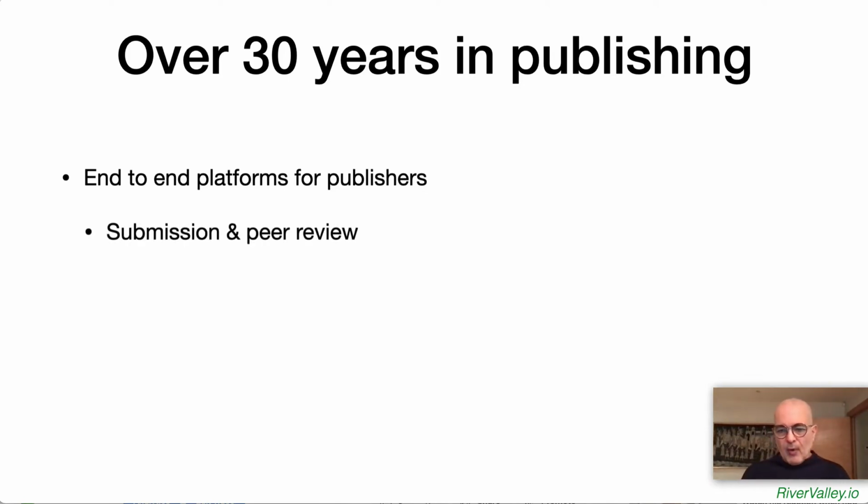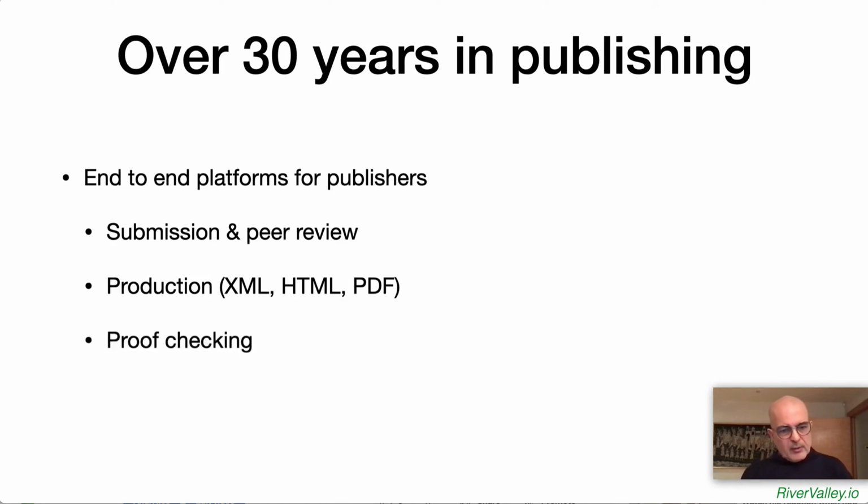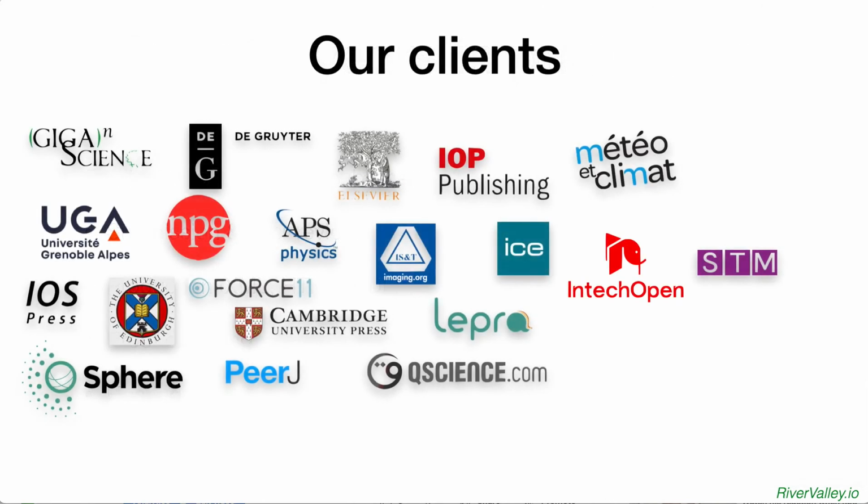So from submission of a paper to peer review to production of XML, HTML, all the other files, a platform for authors checking proofs, and for final hosting or publication, we can handle. We've worked with lots of clients, including large and small scholarly publishers.